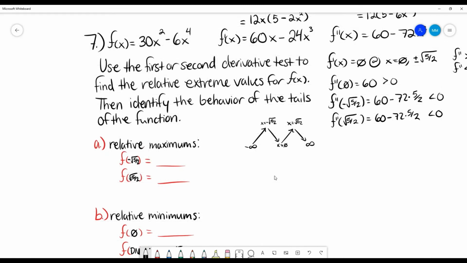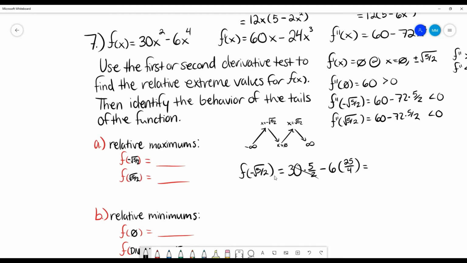So I'm going to plug those into my original function. F of negative square root of 5 over 2 is then a 30 times 5 over 2 minus 6 times whatever this is squared, which is then 25 over 4. Okay.